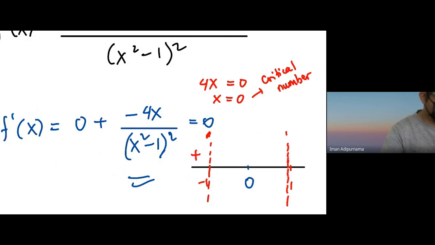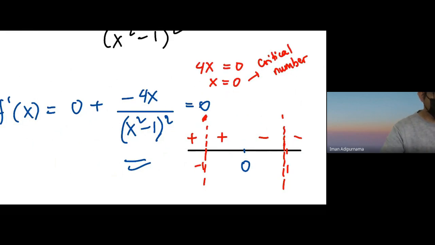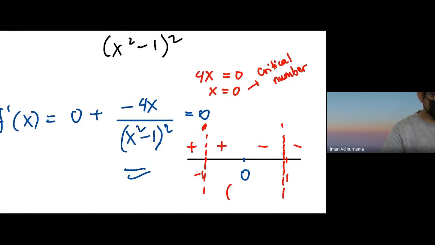This will be positive. F prime is positive. So check on the other value here, also positive. This will be negative. So this will be our maximum value, or local max. 0 will be our local max.